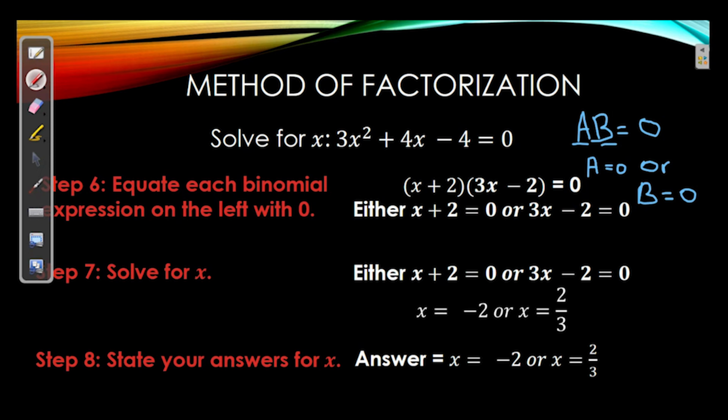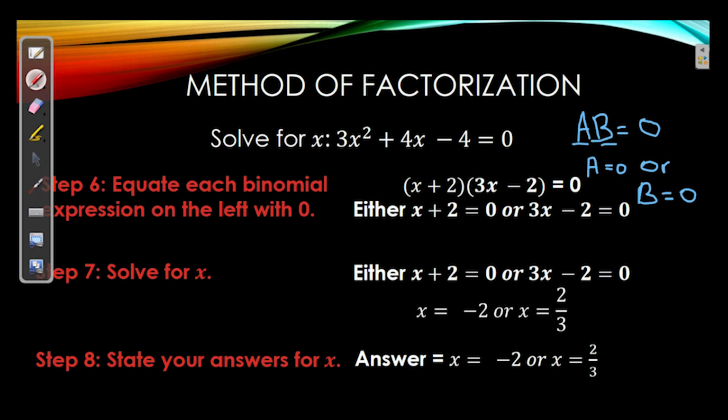We start off by considering either one of these particular binomials being equal to 0, because we just said that when we have a product equal to 0, either one of the terms in the product is equal to 0. So we start off with either x plus 2 is equal to 0, or we can say 3x minus 2 is equal to 0.